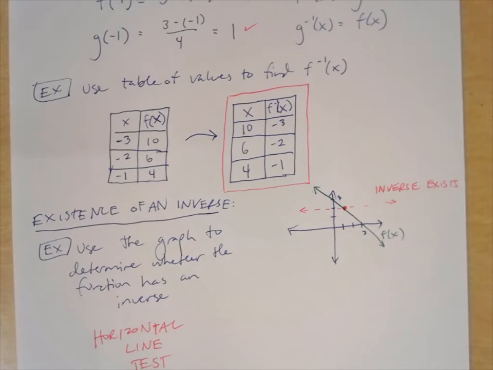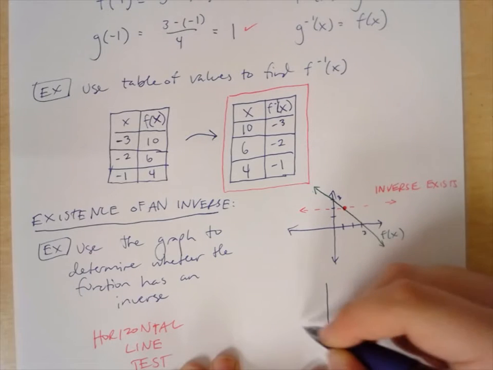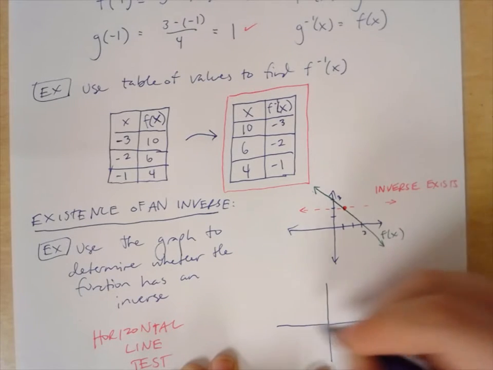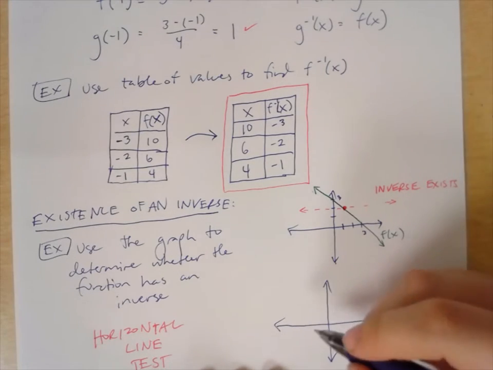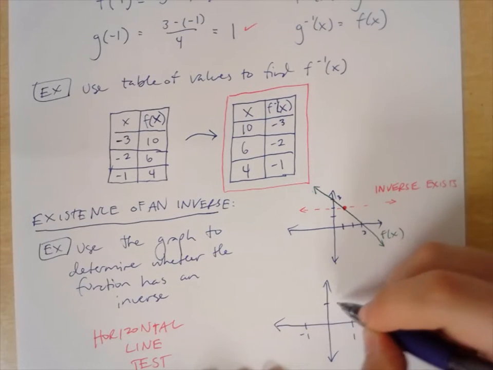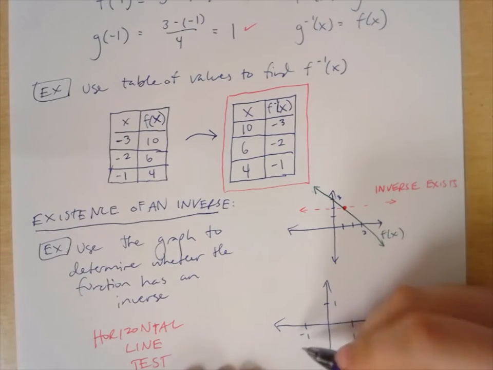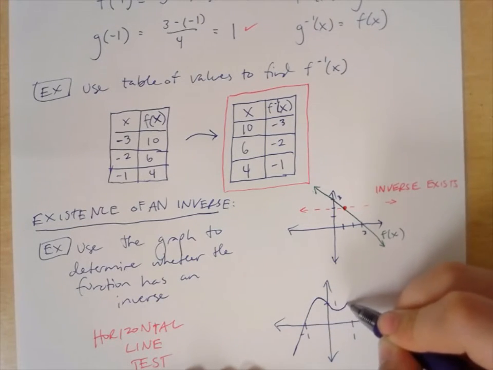Here's an example of the horizontal line test not passing. So say that we had the following function. If we had something like a cubic, maybe, let's call this -1, let's call this 1. So what if our cubic did this? It went up a little bit past 1, went down, and then went back up.